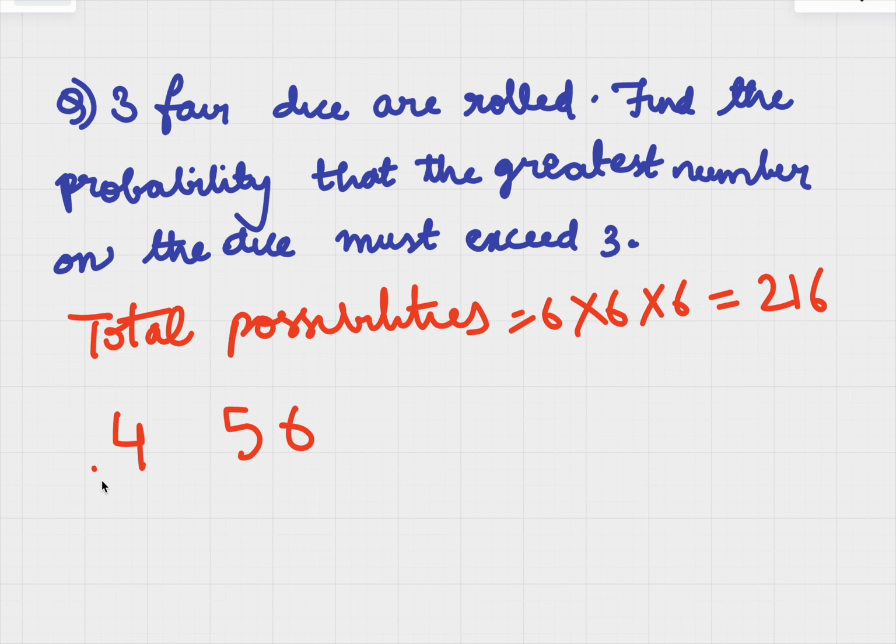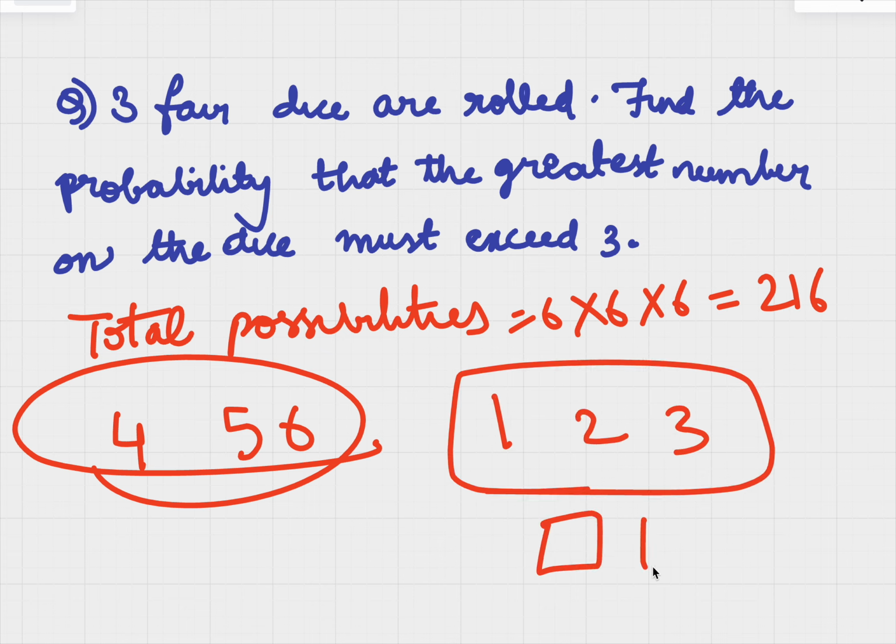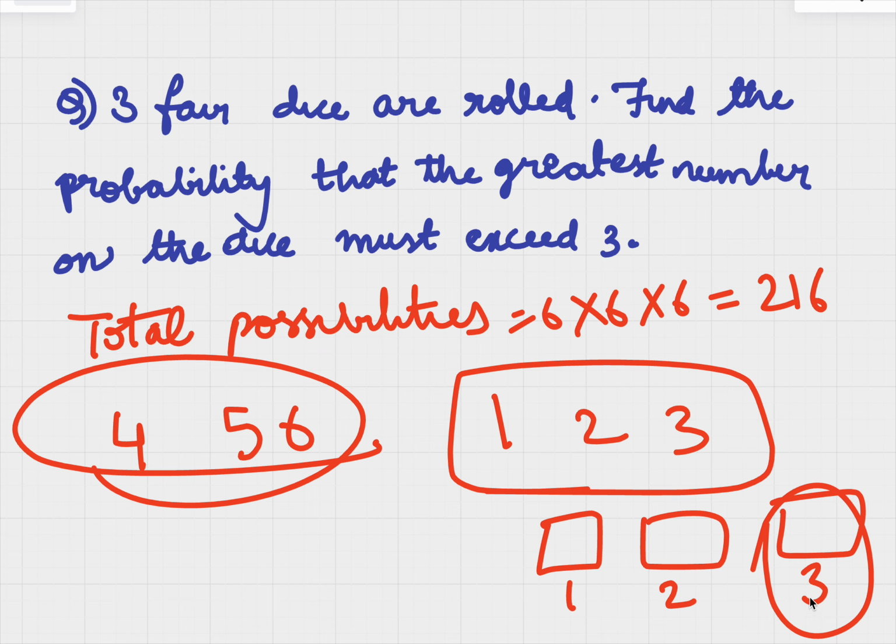If I take the complementary, it means 1, 2, 3. If all these three numbers are the only ones on the dice, then the greatest would be 3 only. If any of the other numbers comes, it will become the greatest. But if only these three numbers are there, the greatest would be 3 only. So this is complementary to what we expect.